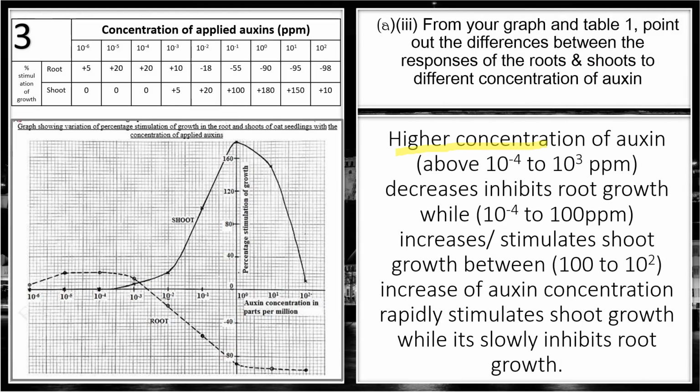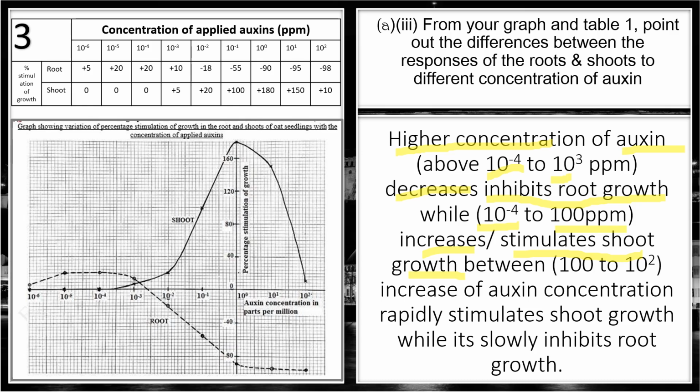At higher concentrations of auxins, that is from 10 to power negative 4 to 10 to power 3 parts per million, there is a decrease or inhibition of root growth, while from 10 to power negative 4 to 100 parts per million, it increases or stimulates the shoot growth.